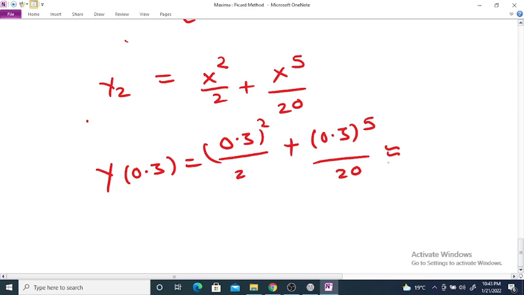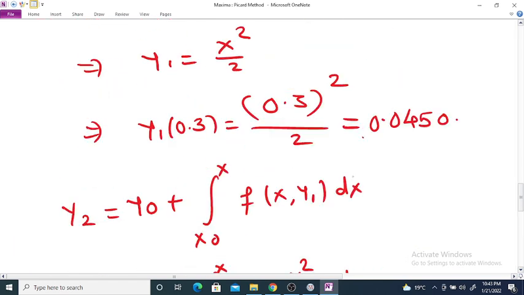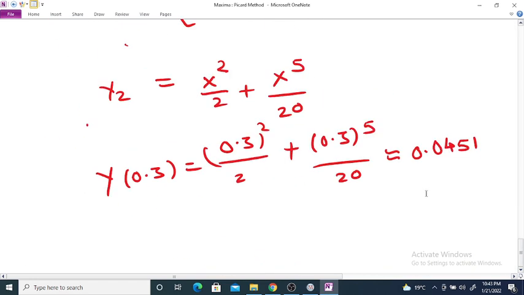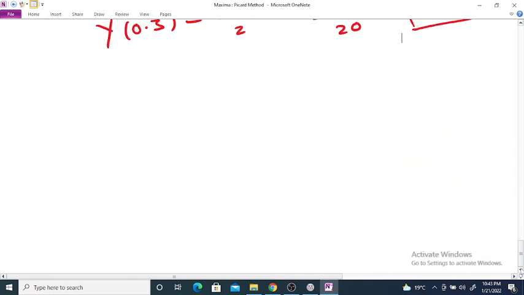So it is approximately equal to 0.0451. In the first iteration we obtained y as 0.0450, and in the second iteration we obtain 0.0451. If you observe, these two iterations are correct up to 3 decimal places, but we want our answer correct up to 4 decimal places.